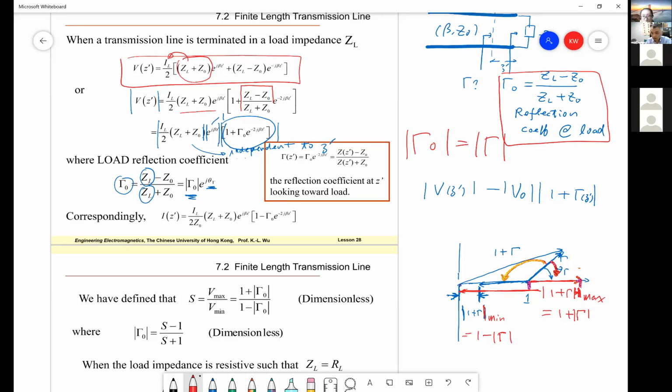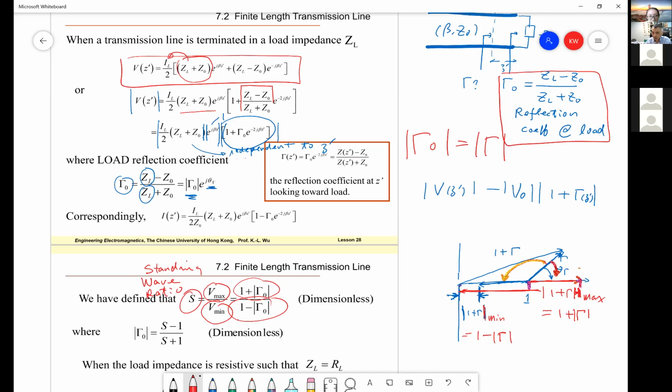So if we take the ratio of voltage maximum over voltage minimum, we define a very, very important parameter we call the standing wave ratio, S. The standing wave ratio is measured from the maximum voltage and the minimum voltage, taking a ratio, so that is basically equal to this.